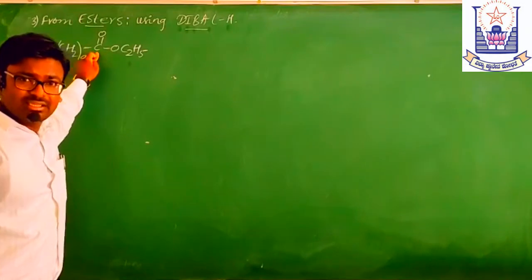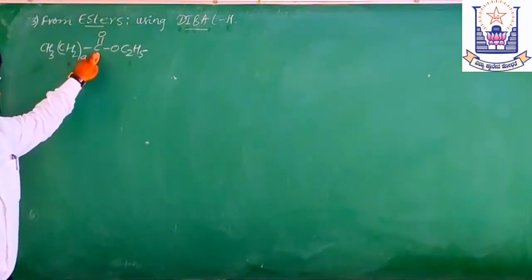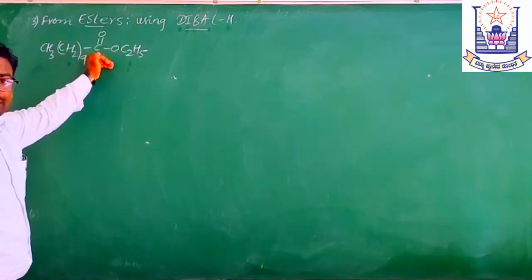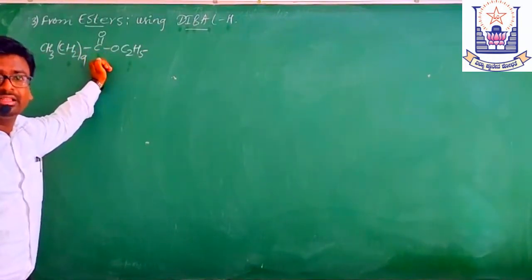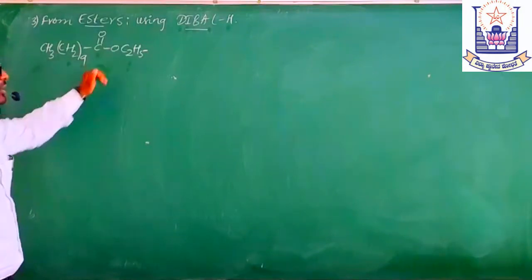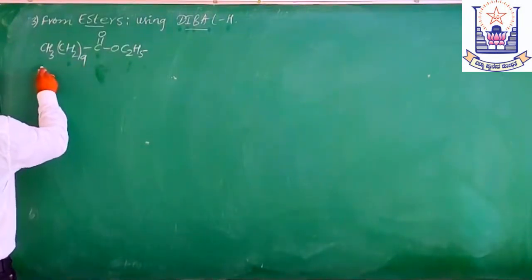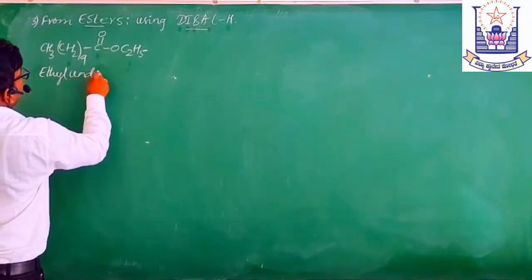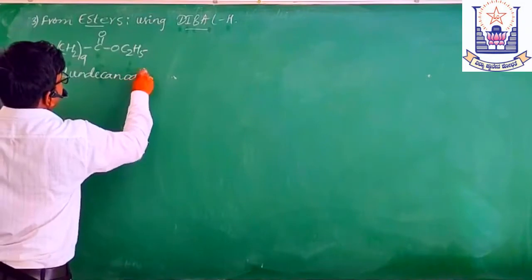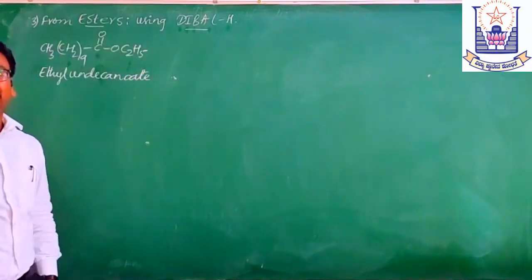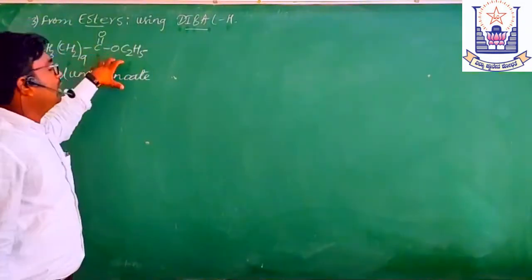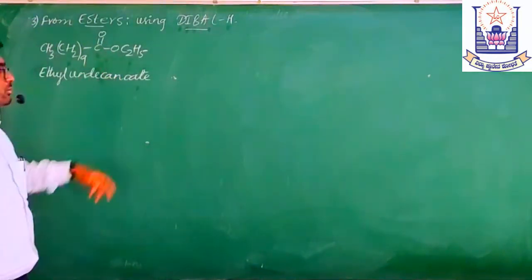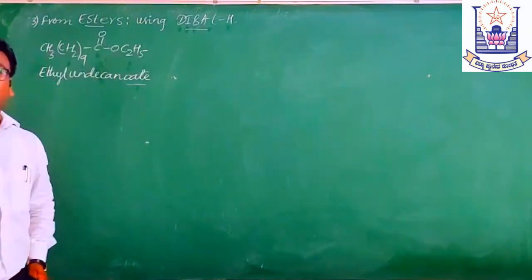Deca is 10, undec is 11, dodec is 12, like that. So ethyl undecanoate. The suffix for the ester is oate. Ethyl undecanoate is the IUPAC name of this compound. Oate is the suffix for ester.